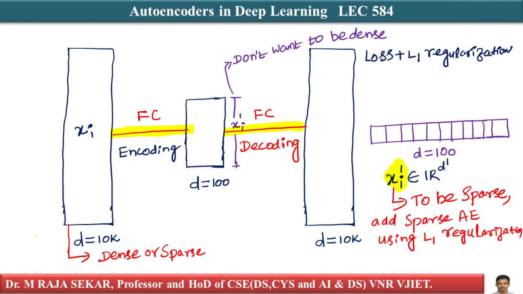If you add L1 regularization on xi dash, we know that the L1 regularizer creates sparsity in the values. Just try to recall, we discussed L1 regularization long back. So there are multiple ways to create a sparse autoencoder. One way is to do it through optimization.